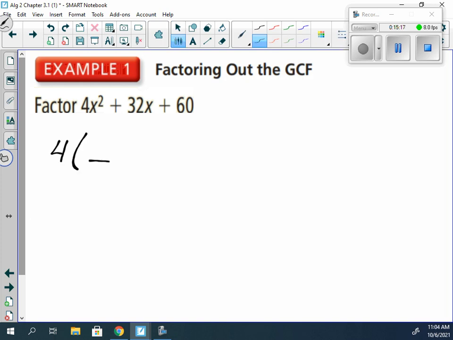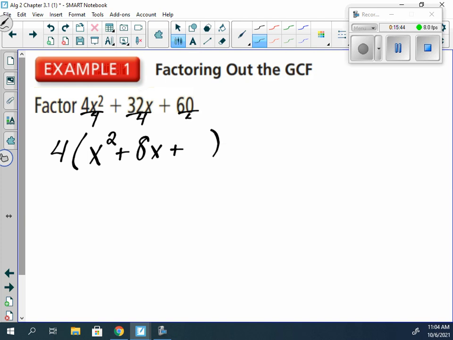4. Because 4x squared divided by 4 would be x squared. 4 divided by 4 is 1. Now 32x divided by 4 would be 8x, because 32 divided by 4 is 8.